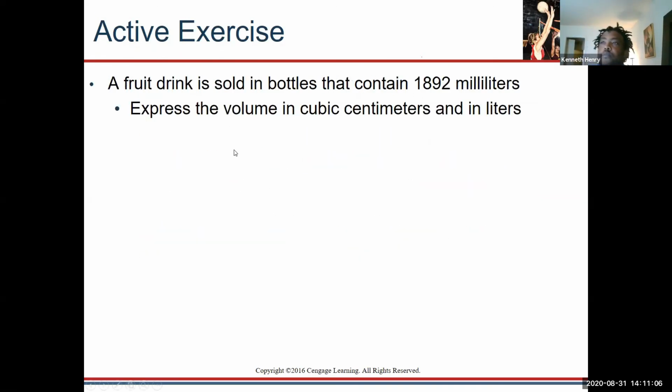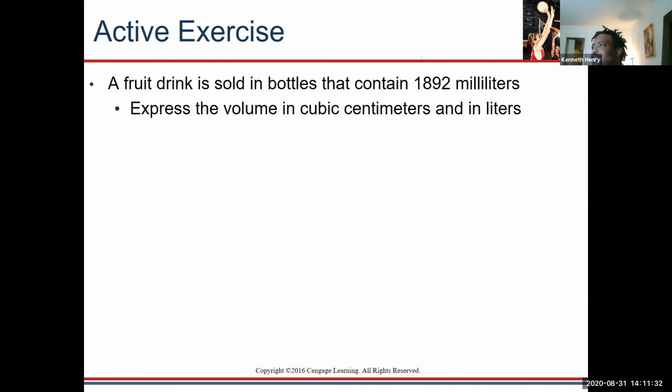Okay, so a fruit drink is sold in bottles that contain 1,892 milliliters. Express the volume in cubic centimeters and in liters. Any volunteers? Or do I have to voluntell? In cubic centimeters, it's the same thing, isn't it?